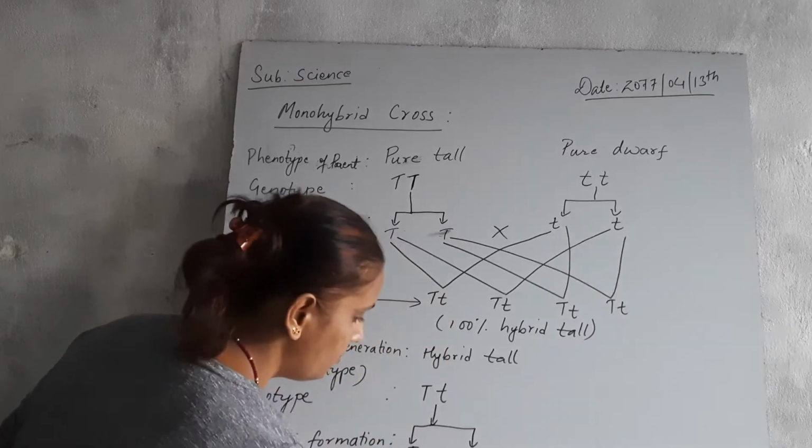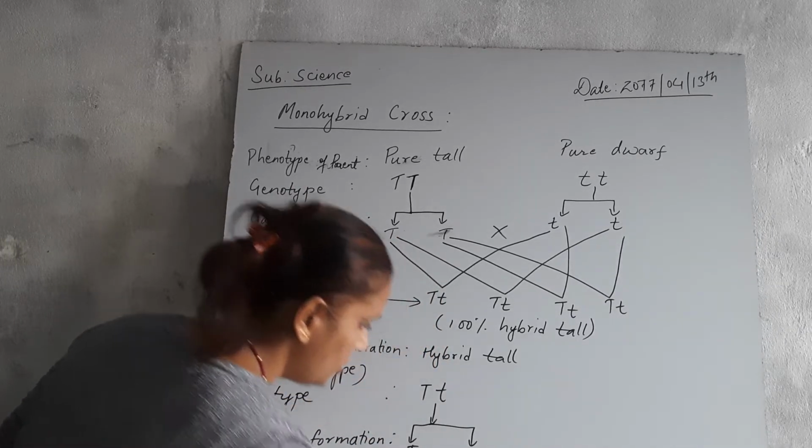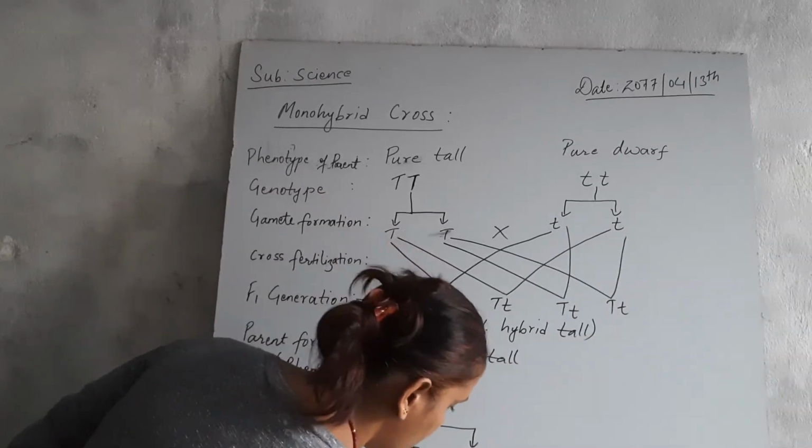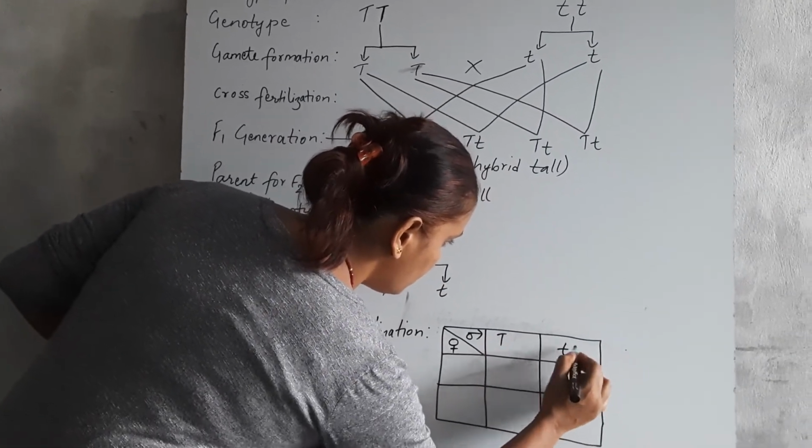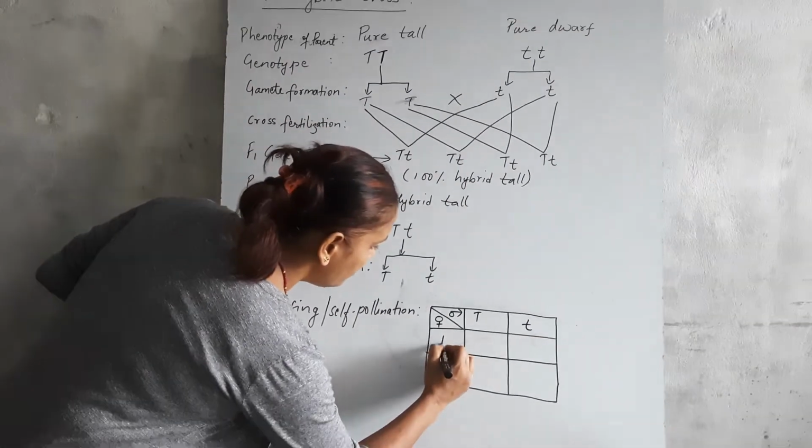This represents the male, this represents the female, with the male gametes capital T, small t, and the female gametes also.